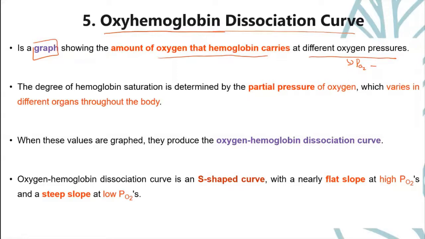Okay, so the degree of hemoglobin saturation means that the hemoglobin is packed full with oxygen, it binds with the oxygen. The degree of oxygen saturation is determined by the partial pressure of oxygen, which varies in different organs throughout the body. Obviously, the most obvious difference is in the lungs versus your other organs in the body.